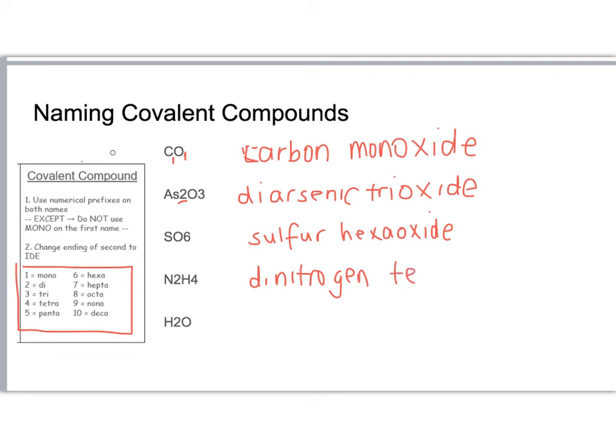The prefix for 4 is tetra. And then I'm going to drop off the suffix and add "ide." A lot of students make a mistake here and they put hydroxide. Remember, hydroxide is a polyatomic ion, and O and H are connected to one another. So this is definitely not hydroxide, it is hydride.